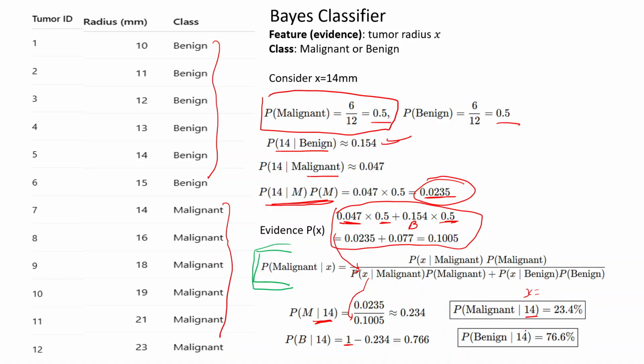If the tumor radius is very less, it may belong to the benign case, because we can see in the sample space here that the smaller radius values are belonging to the benign case. Only larger values are belonging to the malignant case. But there is anyhow some overlap. But the chances of belonging, that is, if the tumor radius is 14, what are the chances that it may belong to the benign case or malignant?